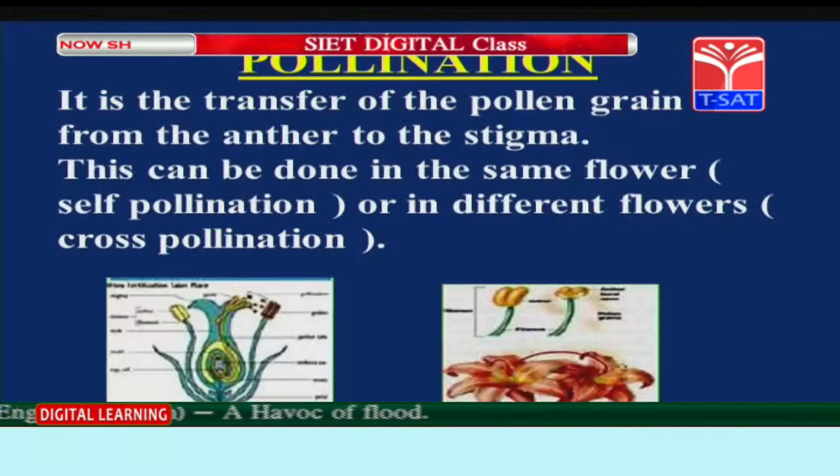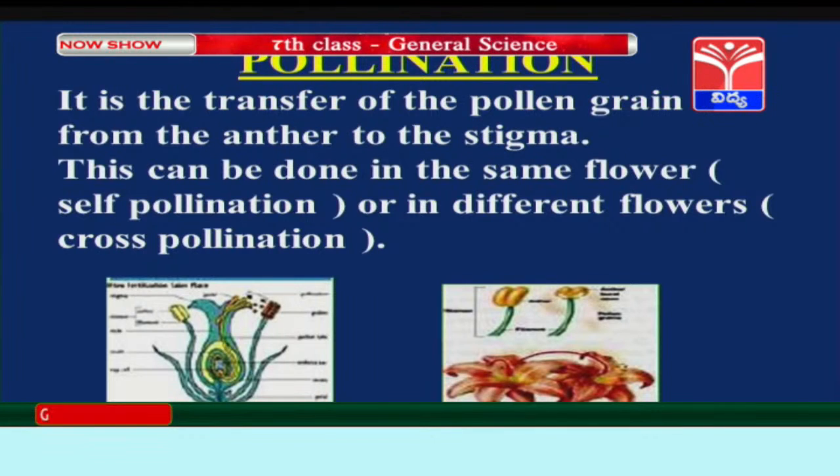What is the male reproductive part? Stamens. In the stamen, the anthers are present. Inside the anther, pollen grains are present. These pollen grains move from the anther to the female reproductive part, that is the stigma, and that movement is called pollination.